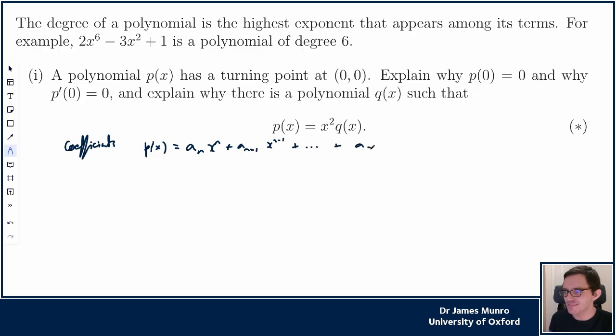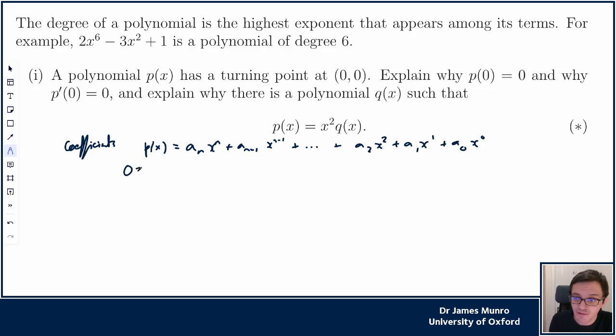I'm writing it out like this because I quite like bringing in a sequence, and I'm quite happy thinking about the coefficients of the polynomial as just numbers in a sequence. Maybe you don't like to think of polynomials like that, in which case fine, there are other ways to do this question too. But anyway, let's think about the information we have just talked about and how that applies to the coefficients of the polynomial.